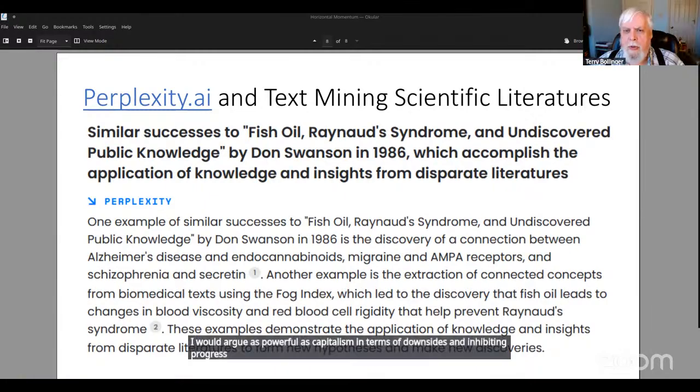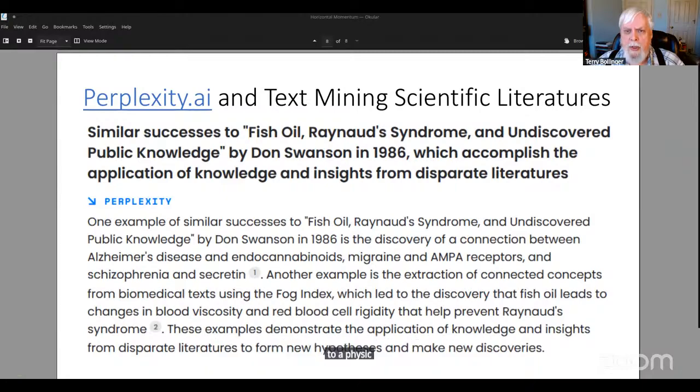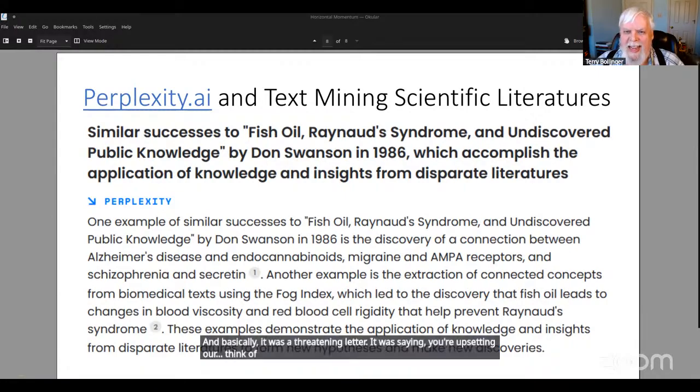I think they cooperate with each other, because you wind up with people, and I know of cases of this, of a person literally sending a letter to a physicist who had dismissed string theory, superstring theory. Basically it was a threatening letter. It said you're upsetting, think of our children. It actually said something like that. It said think of the children, think of who you're hurting here.